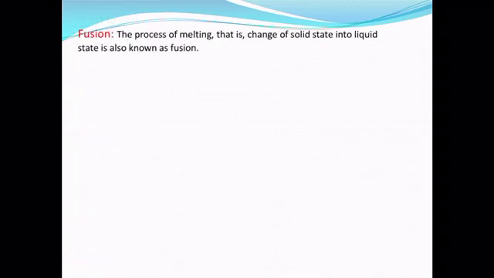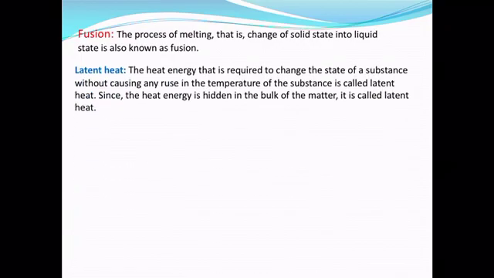Now the next topic is fusion. Fusion is the process of melting solid into liquid at the same temperature, without increasing the outer temperature. That type of heat which only changes the state without increasing the actual temperature is known as latent heat, hidden heat.